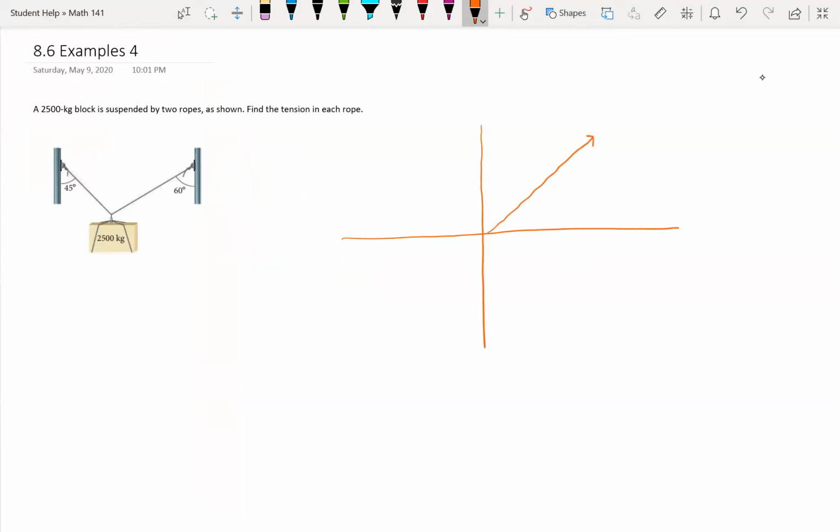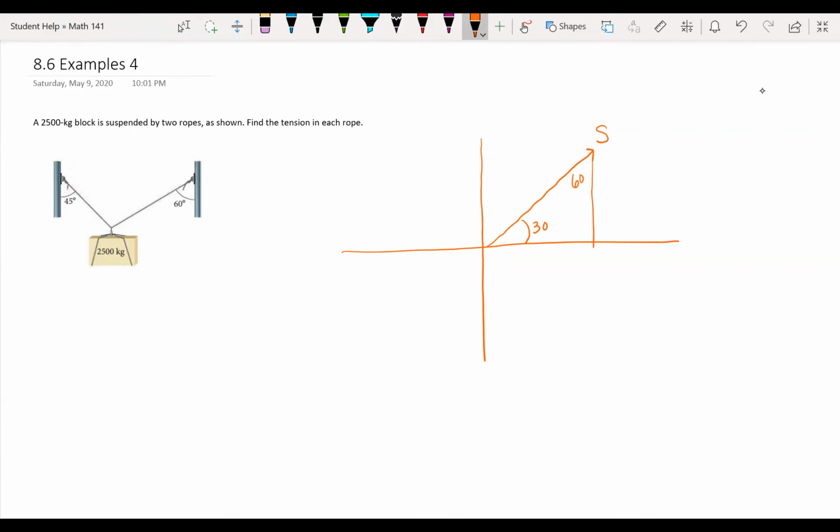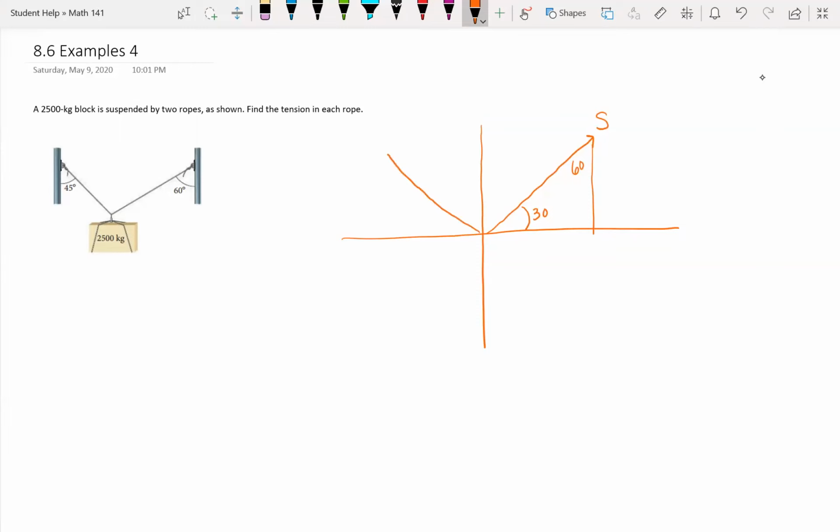So vector S, we'll call this one. And this angle is going to be 30 degrees. We know that because of the way that they have it drawn, they have 60 up here. And then we've got another angle over here.